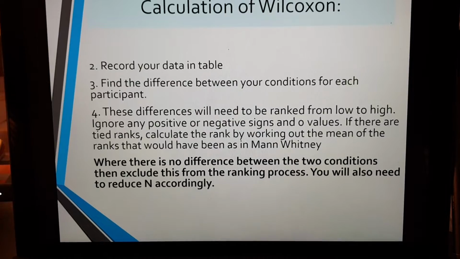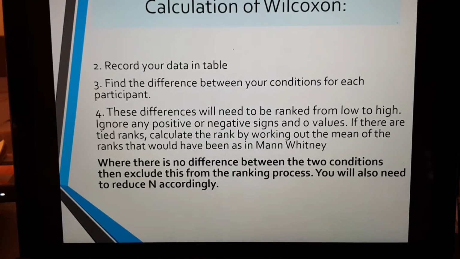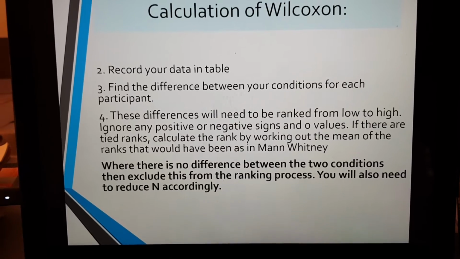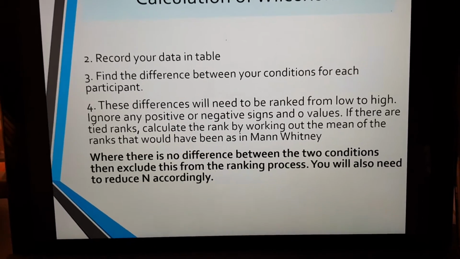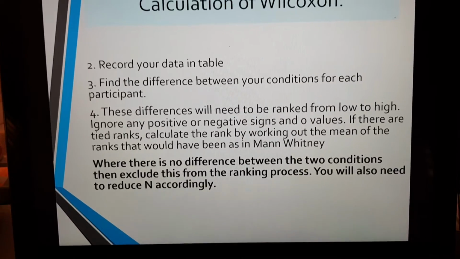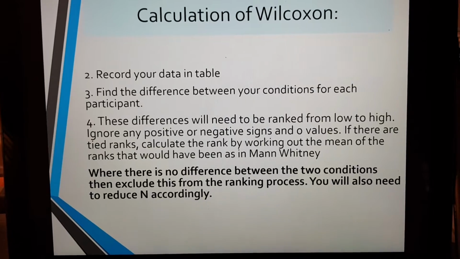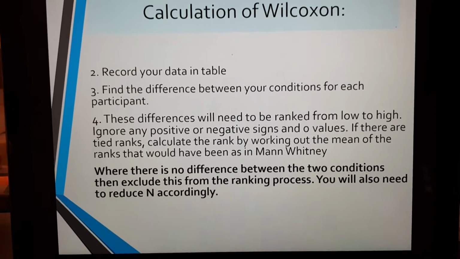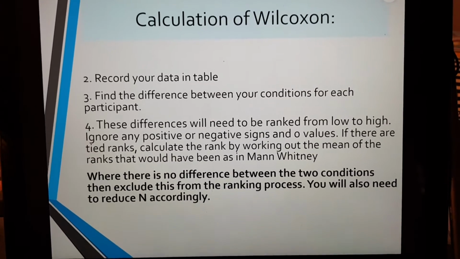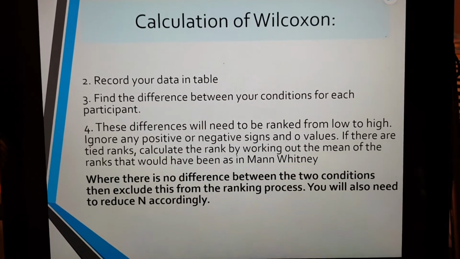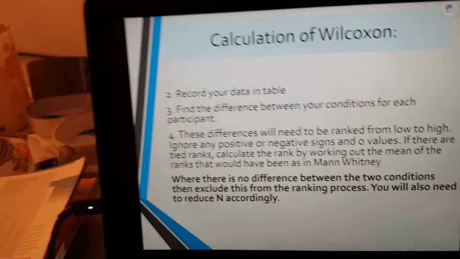Positive and negative signs are just going to be ignored. So a -1 and a +1 would be the same. So ignore the signs for now. And the other rule, there's quite a few rules to remember, is that if you get a tied rank, so you get lots of differences the same, then you apply the tied ranks equation where you find the average of the ranks, like we've done in class before.